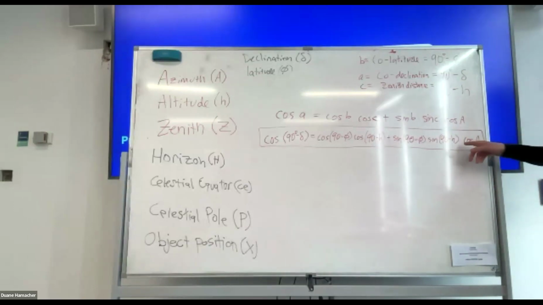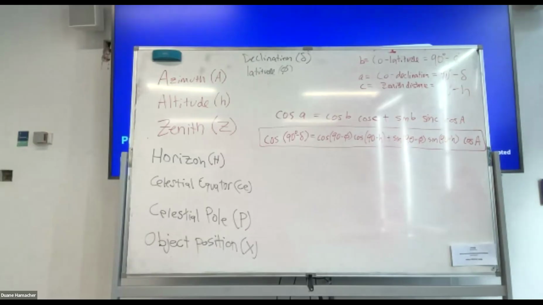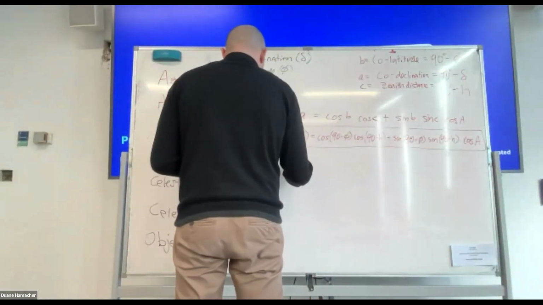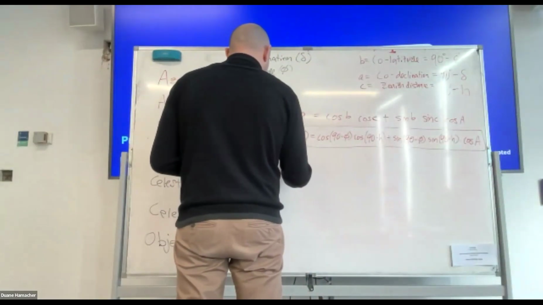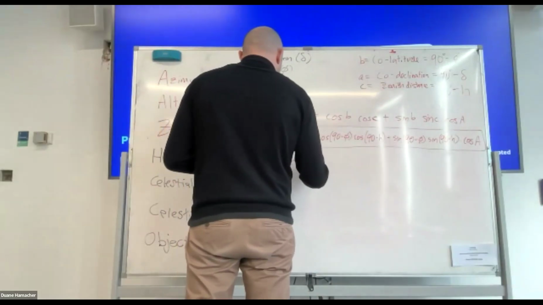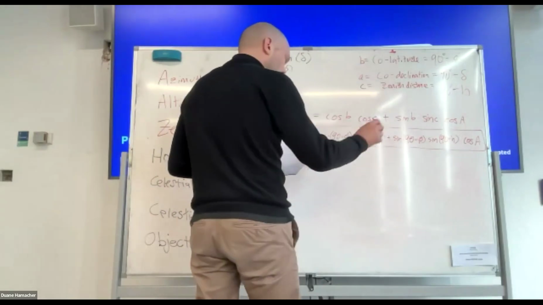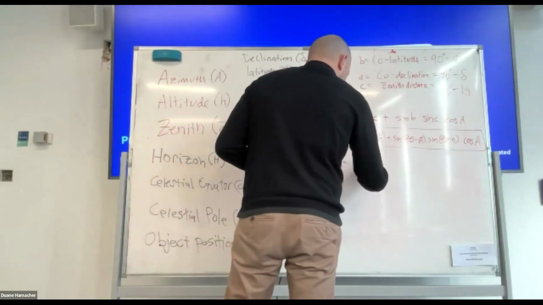Did everybody get this? Everybody's happy with that? How many people have no idea? All right. How can we simplify things? Rearrange for cosine capital A. Well, before we get there, we need to simplify things. So we know that the cosine of 90 degrees minus x generically is equal to sine x.